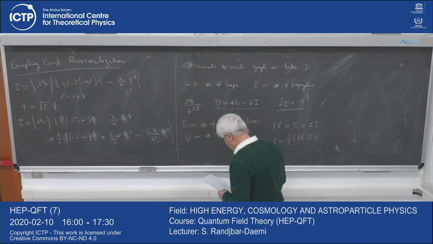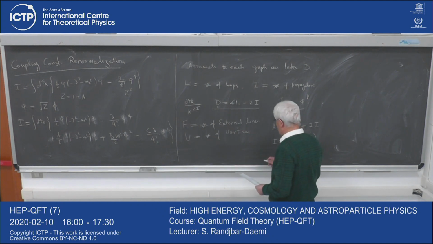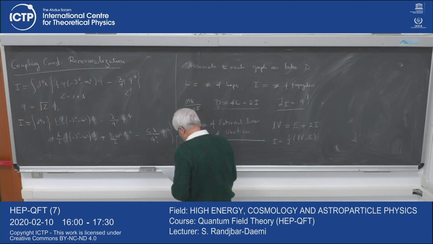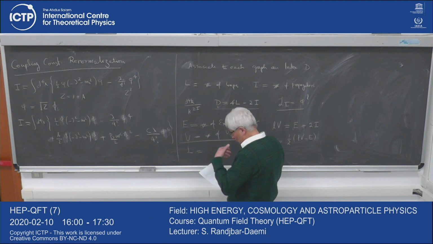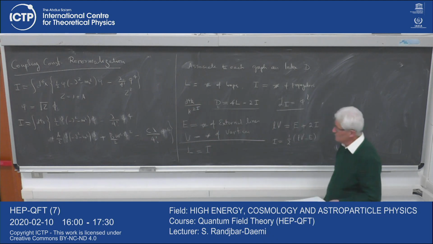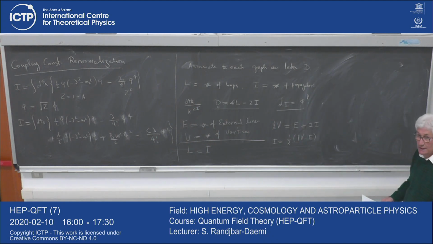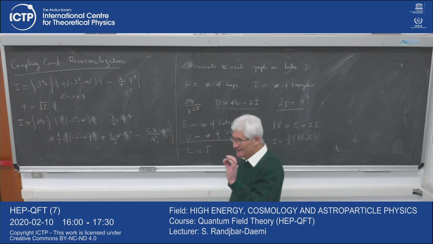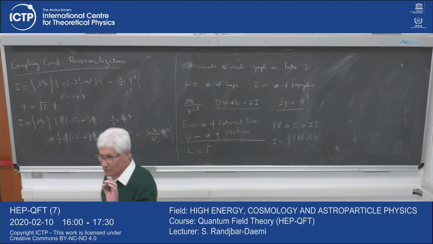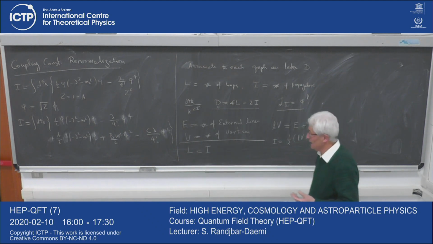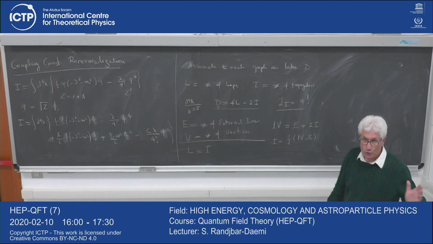The number of loop integrations is the number of the internal lines. For each internal line, you have a loop integration. But then there are V vertices, and with each vertex, there is a delta 4 associated with the vertex, which you can use to perform some of the integrations. Eventually, one delta 4 will survive to ensure the overall conservation of energy and momentum 4-vector.